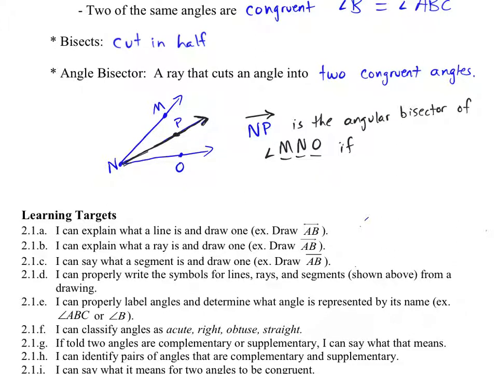If angle MNP is congruent, so what we're trying to say is this ray, NP, is the angle bisector of MNO if angle MNP, this top angle, is congruent to what? ONP. Nice. Angle ONP. You could also say PNO if you wanted to. You could say PNO or ONP.